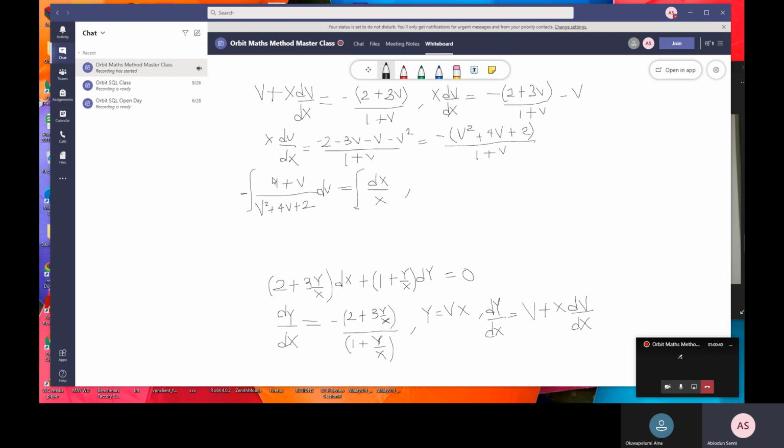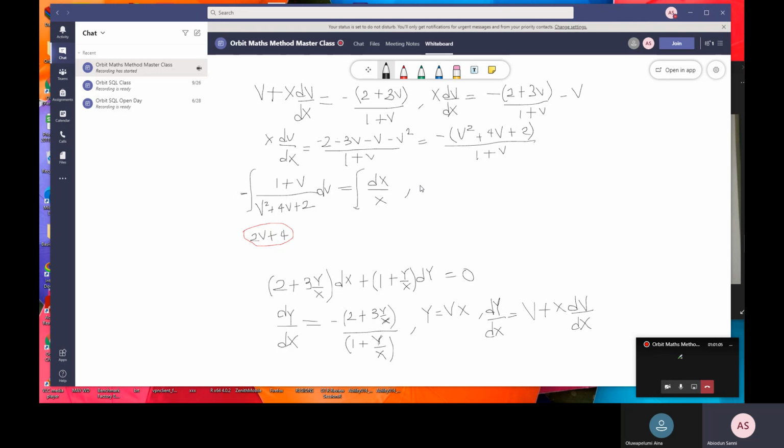So you are going to write the numerator to look like the derivative of the denominator. What do I mean? If I differentiate the denominator here, I have 2v plus 4. So let me circle this.